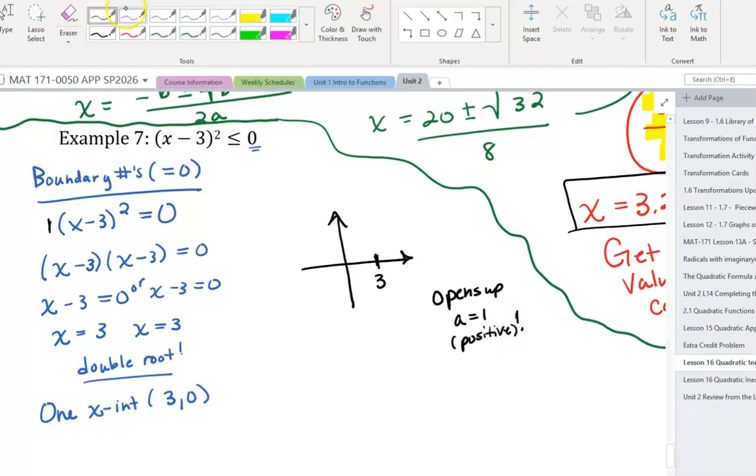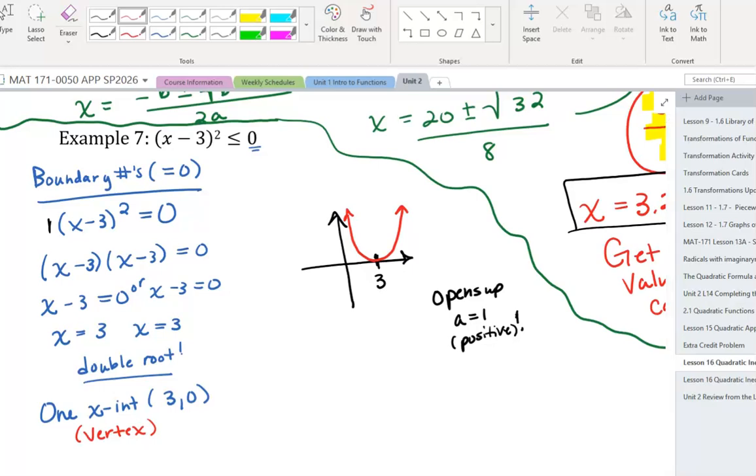And since it only has one x-intercept and it opens up, it has to touch at 3 and then turn. So this x-intercept is actually the vertex of the parabola. When it has a single x-intercept, that is the vertex. So it actually kind of lies on the x-axis.